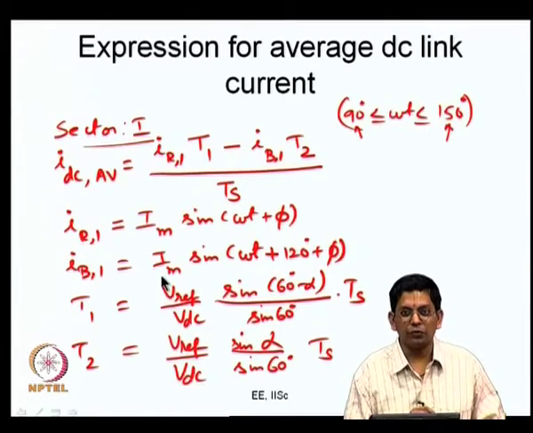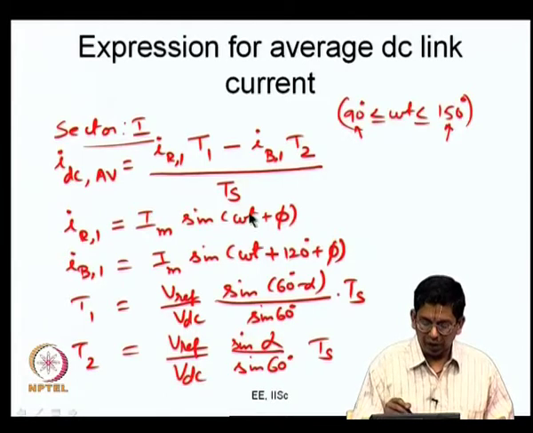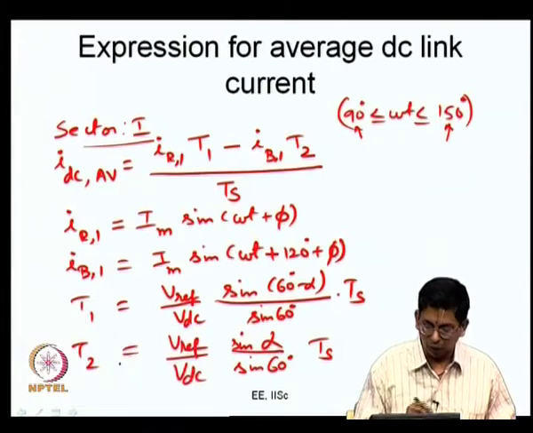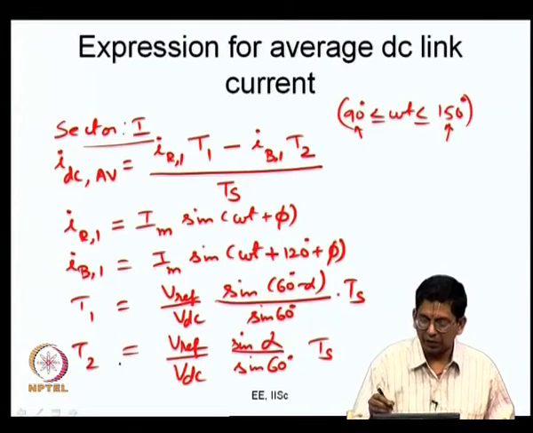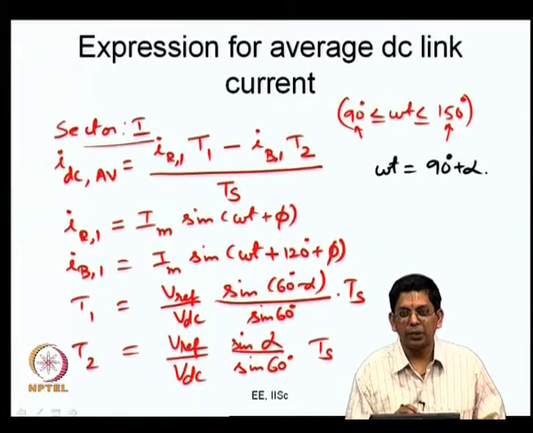Here you have omega t and here you have alpha, and this relationship I can quickly write down. Now you are in sector 1. In sector 1, the relationship between omega t and alpha is omega t equal to 90 degree plus alpha.